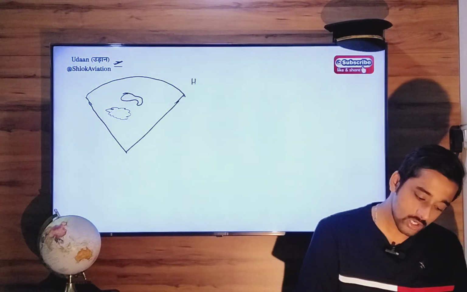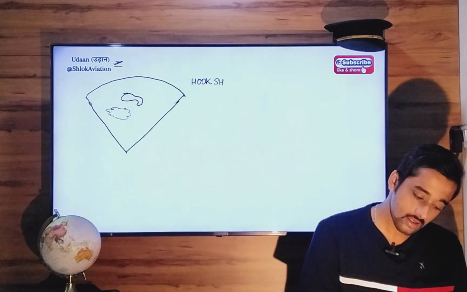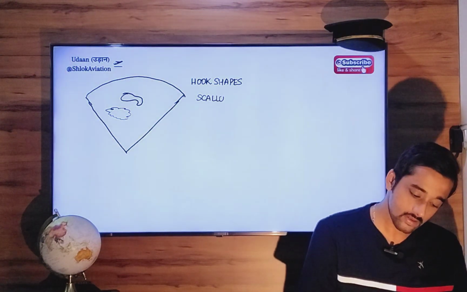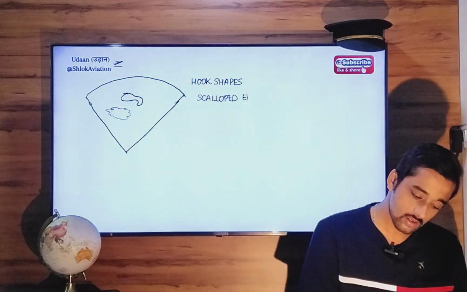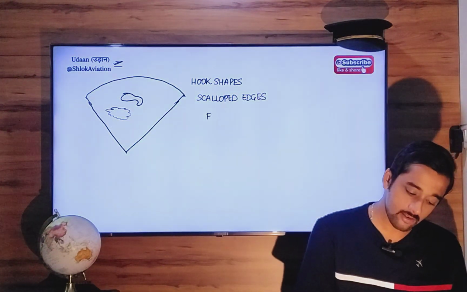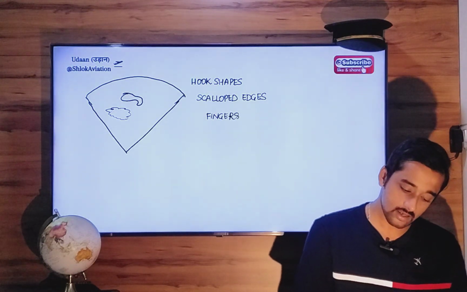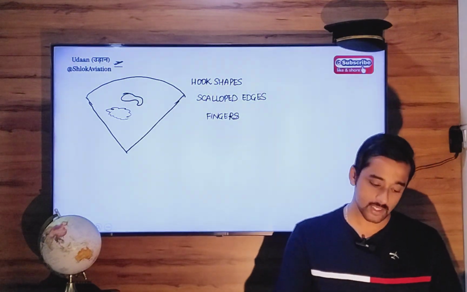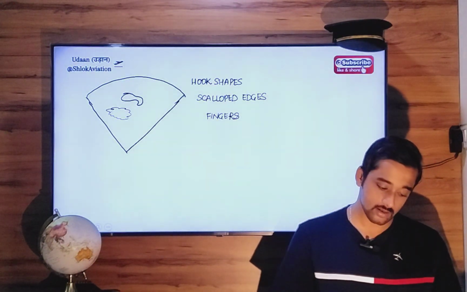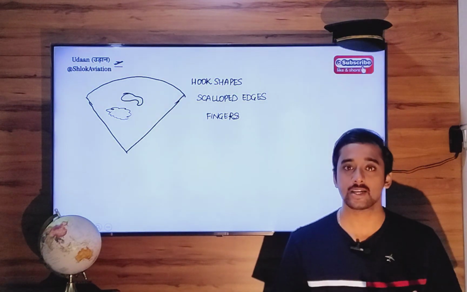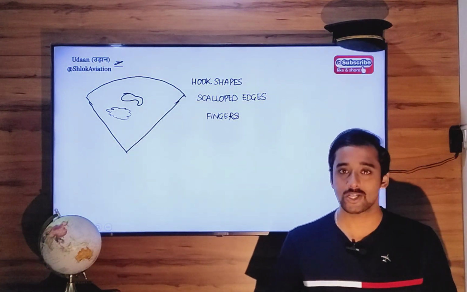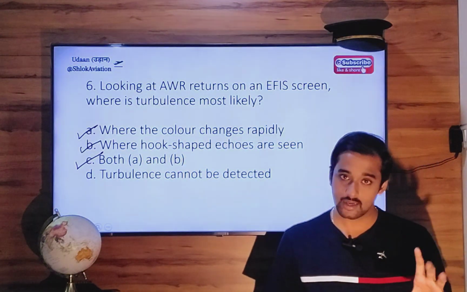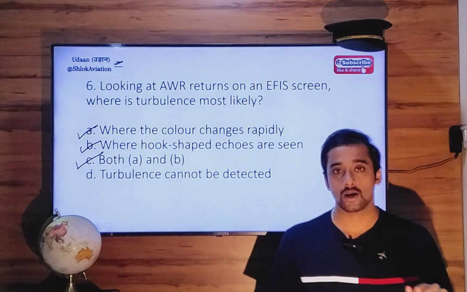So remember hook shapes, any shape with scalloped edges, shapes which are like fingers. Some of these shapes must be avoided at all times. This comes with experience; with experience you will be able to interpret the information on your weather radar screen. So color gradient is to be avoided, and hook-shaped echoes are to be avoided as well.